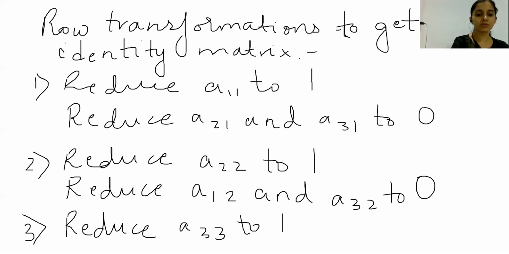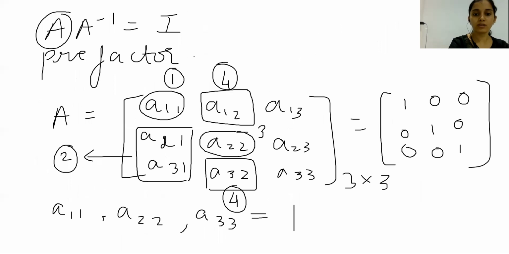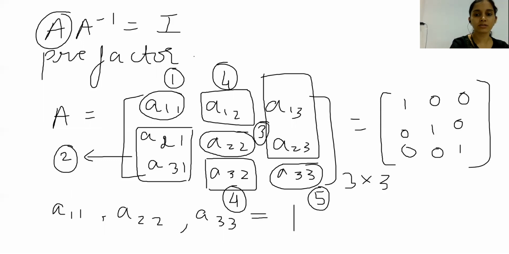So after this we will write reduce A13 and A23 to 0. So after the fourth step, this is your fifth step, right? And this one is your last step.